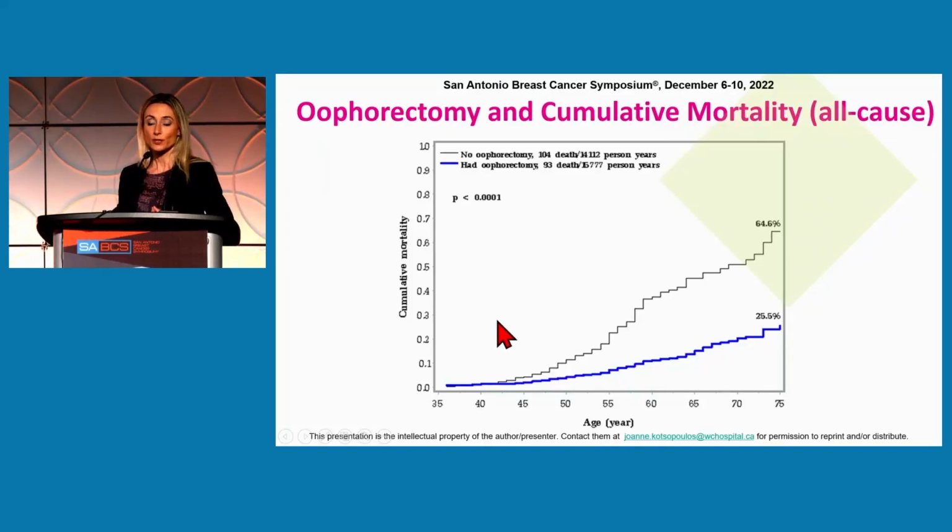And so when we plot the cumulative mortality starting at age 35 to age 75, we see striking differences in all-cause mortality. In women who did not have an oophorectomy, it was about 65%, and those who had an oophorectomy was about 27%.